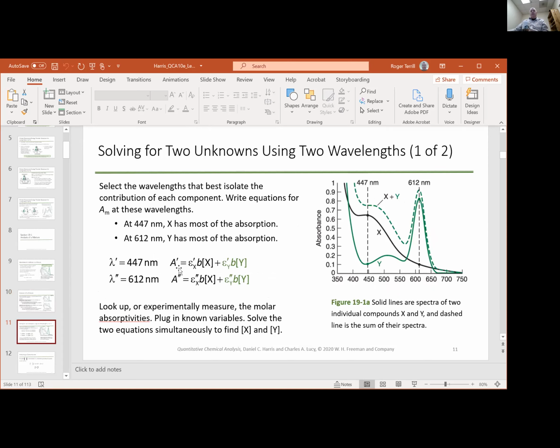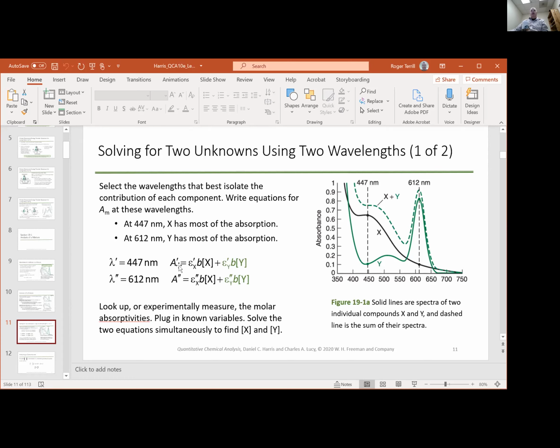Then at 447, you've got epsilon prime X and epsilon prime Y. These are just the extinction coefficients of X and Y at that wavelength, 447. And so the absorbance of the mixture will be epsilon X b X plus epsilon Y b Y. And because we're specifying wavelength here, let's give it a prime.